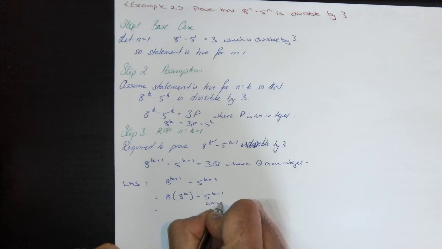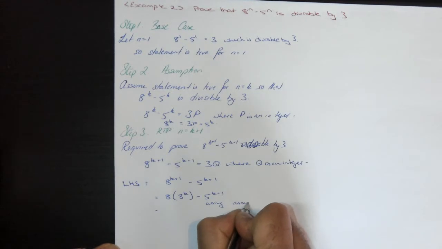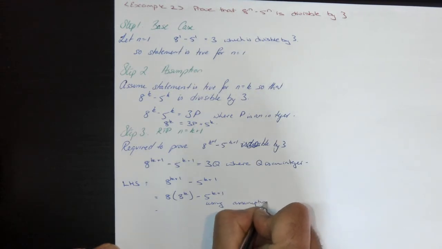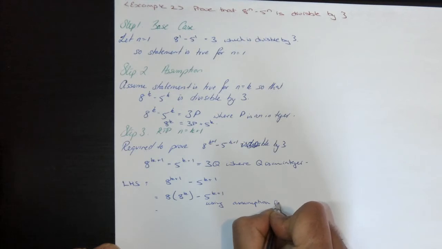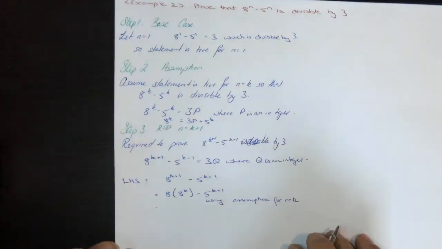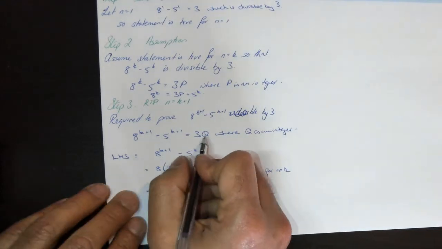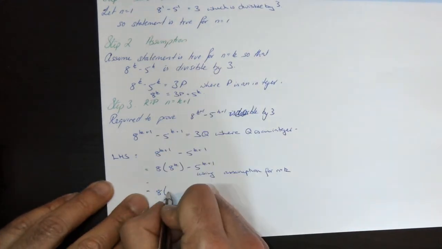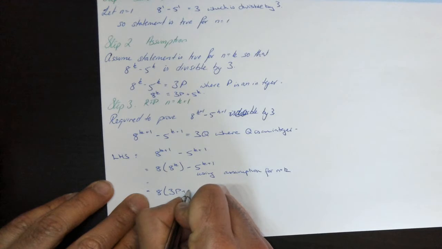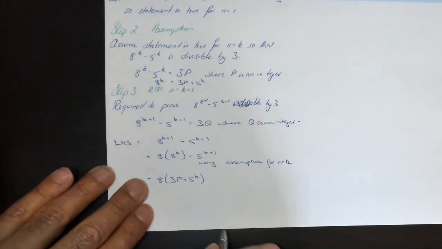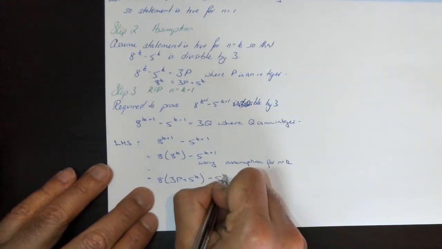Using my assumption, I get 8 lots of, subbing that in, 3p plus 5^k, minus 5^(k+1).